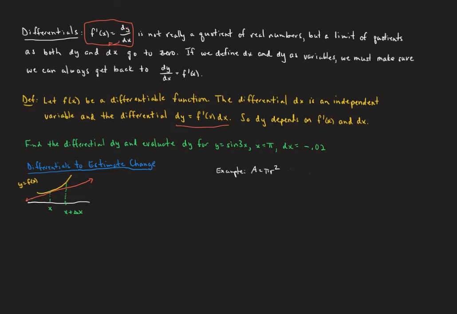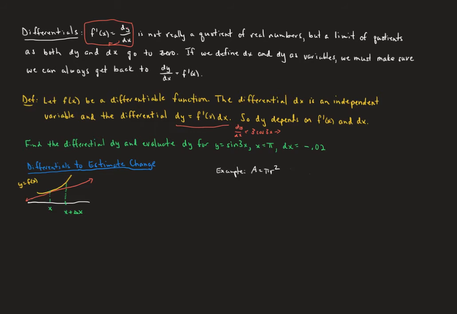So here's the idea. In the green, we're going to first do one that's pretty straightforward. Find the differential dy and evaluate dy for sine 3x when x is pi and dx is negative 0.02. So we'll start by taking the derivative dy dx, and the derivative of sine of 3x is going to be cosine 3x, and then with the chain rule times 3.